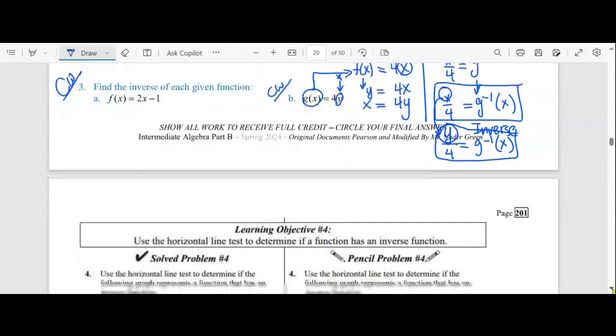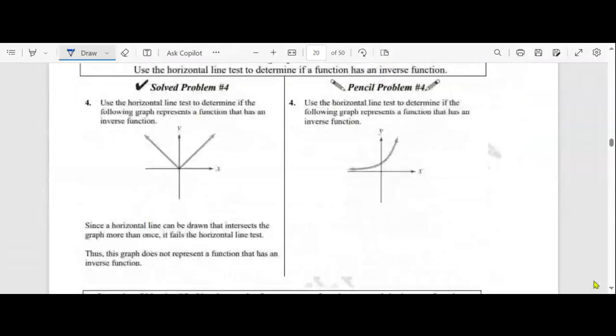Yes. Next one, use horizontal line test to determine if a function has an inverse or no inverse. It's called what? Vertical or horizontal? What is horizontal? It's from the horizon. You know the horizon, like this.